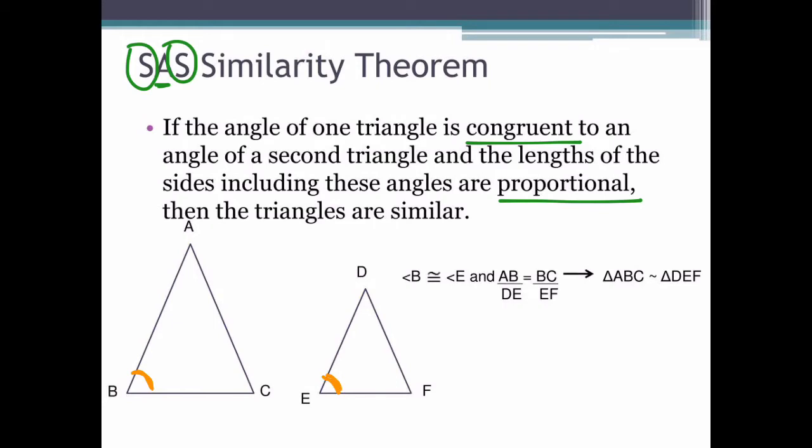And then our sides that are around the angle, so BA and DE would have to be proportional, and BC and EF would have to be proportional in order to prove these triangles are similar by side, angle, side, because the angle has to be between the 2 sides.